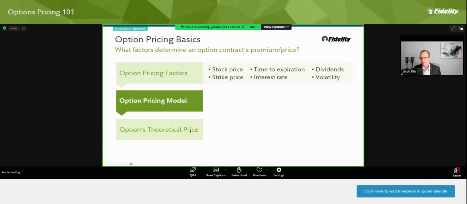But thanks to arithmetic, we may all understand that using some algebra, we could switch out this one, which we already know, and solve for any of these up here that we do not know. Most importantly, the volatility term. Volatility is kind of this X factor in options pricing.